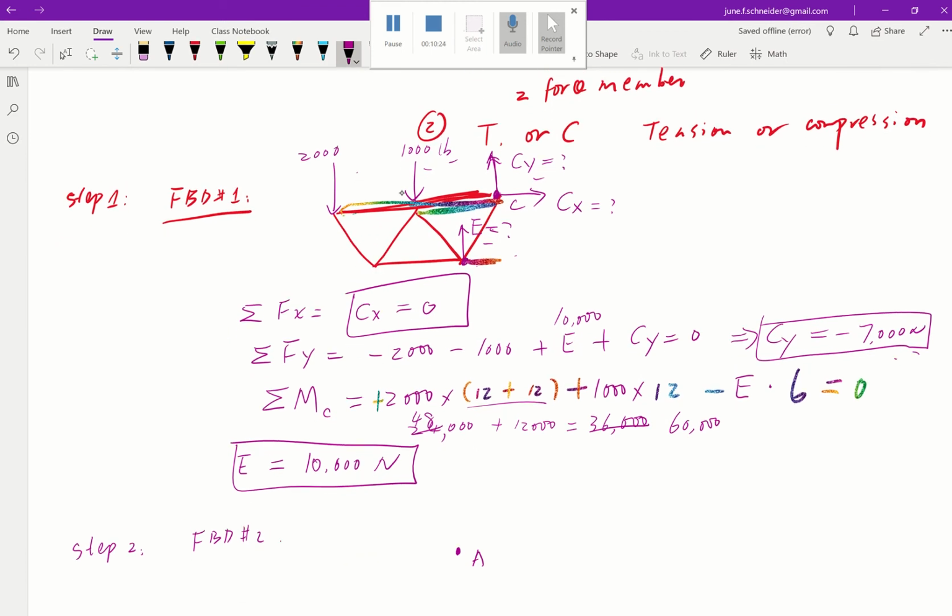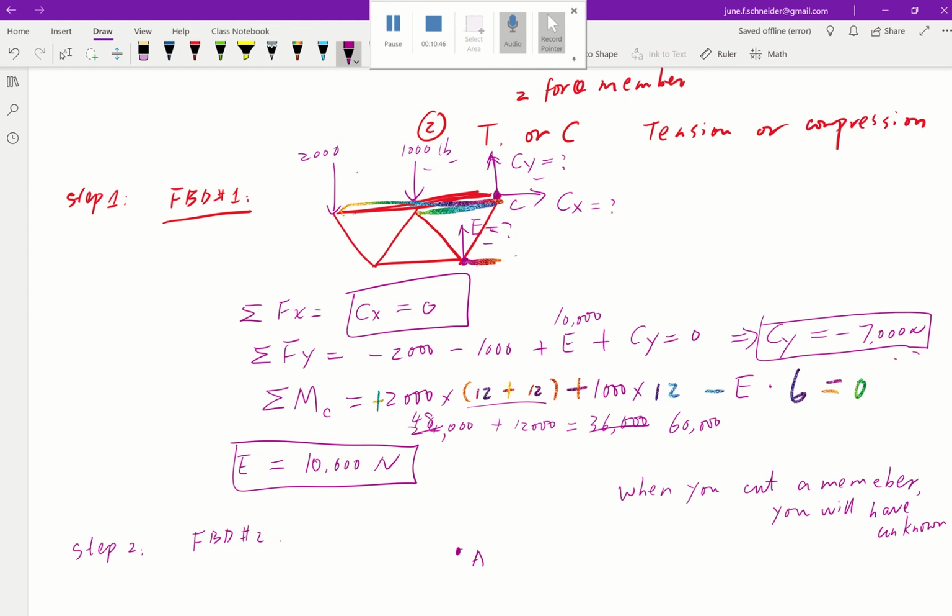I'm going to write it down. Every single time when you cut a member, which we did when we did joint A, you cut two members. When you cut a member, you will have an unknown. What does that mean?